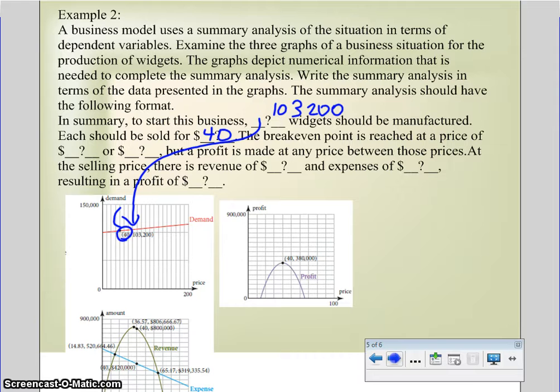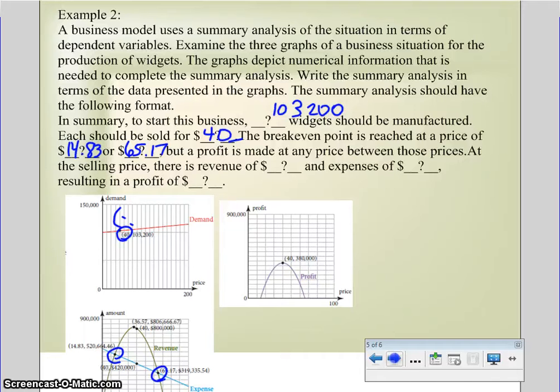The break-even point is reached at a price of, well, our break-even points are down here, at our X values of $14.83 or $65.17. Let me go ahead and erase my little arrow here so we can read everything. But a profit is made at any price between those two prices.